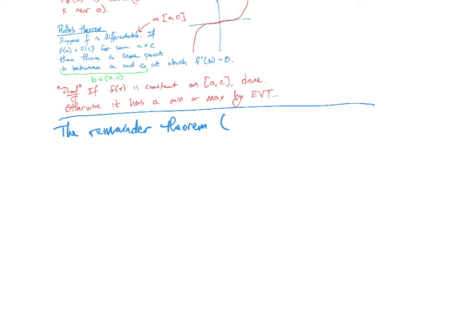So this is the remainder theorem. There are many variants of the remainder theorem. I'm going to state here what's called the Lagrange form.